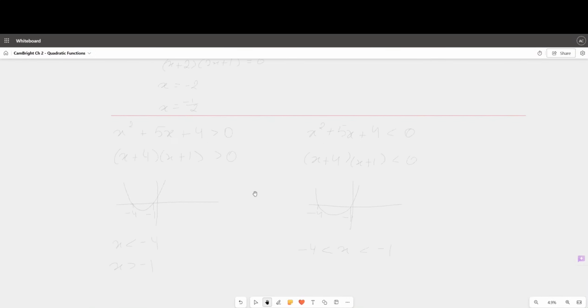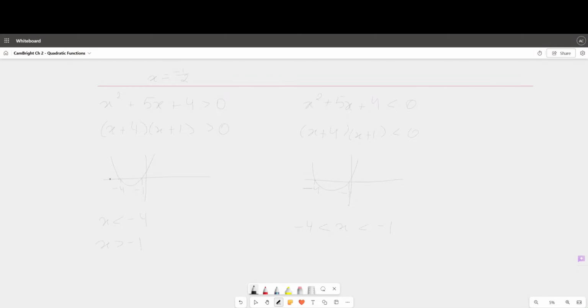Alright, now quadratic inequalities, again somewhat simple. Essentially x squared plus 5x plus 4 is greater than 0. So this is what the graph looks like, and we want anything above 0. So that's above this line, right? So first we factor it, and then you can see, at negative 4, anything to the left of negative 4, which is essentially less than negative 4, is above the x-axis, and anything greater than negative 1 is also above the x-axis.